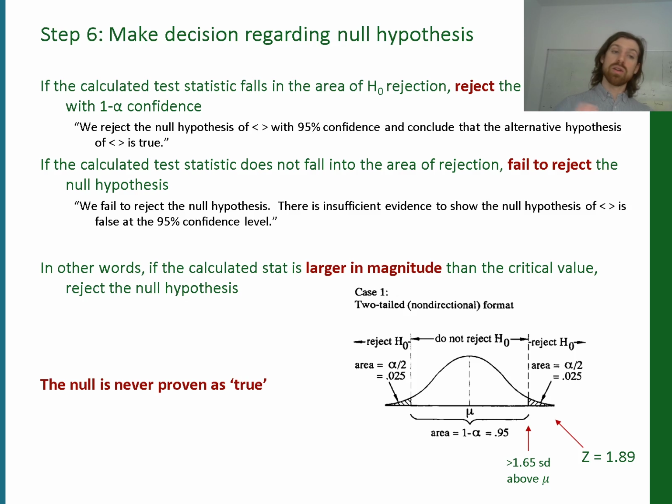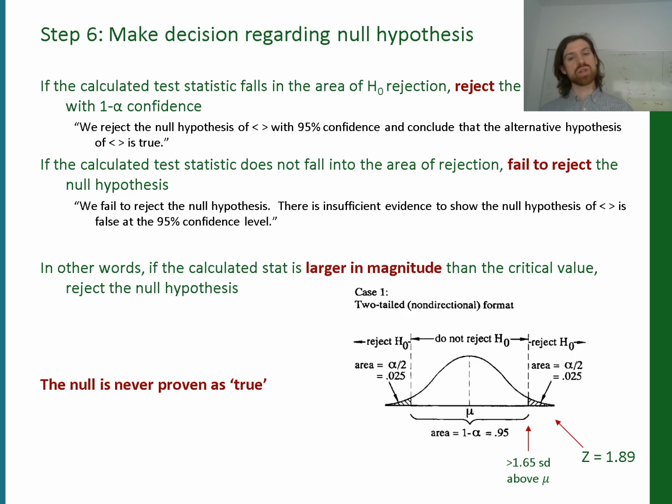And then looking at another outcome, given that these are complements, if the calculated test statistic does not fall into the area of rejection, then we fail to reject the null hypothesis. And then I've specifically stated how you should state that here. So we fail to reject the null hypothesis.